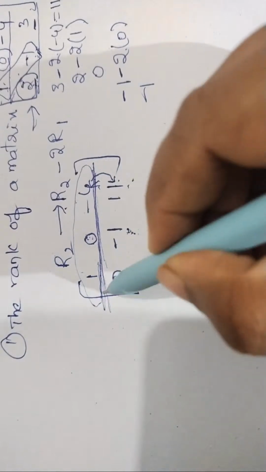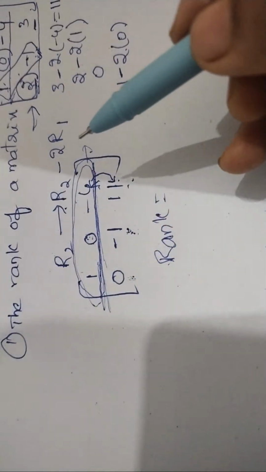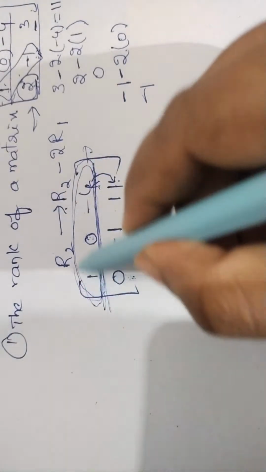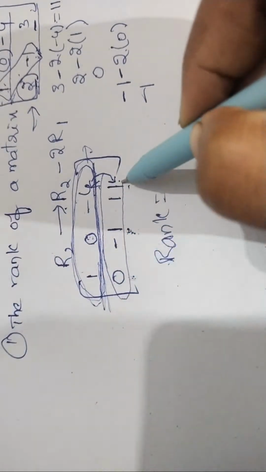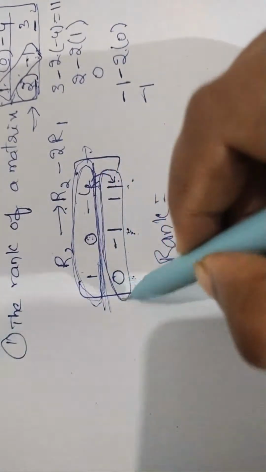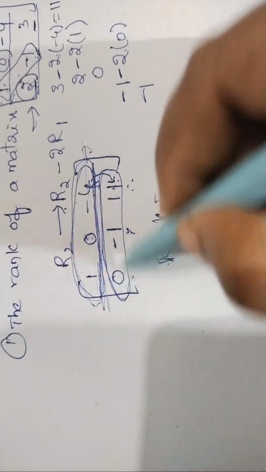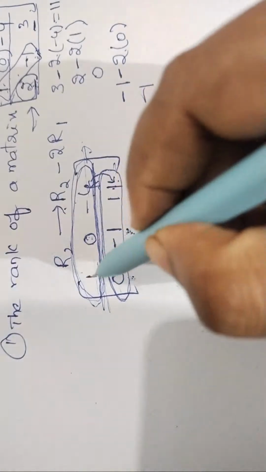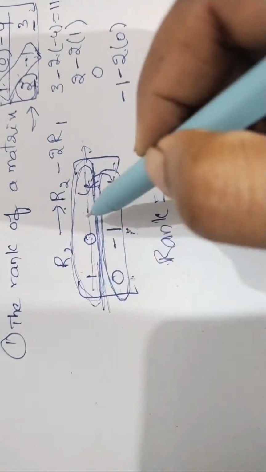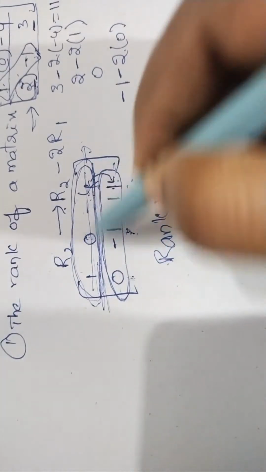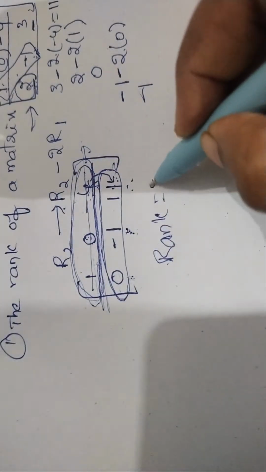If row 1 were all zeros, we would call it a zero row, but it is non-zero. Row 2 is also a non-zero row. How many non-zero rows? 1, 2. So the rank is 2.